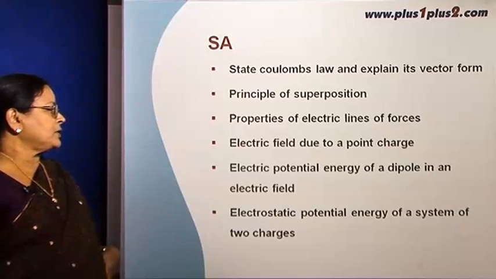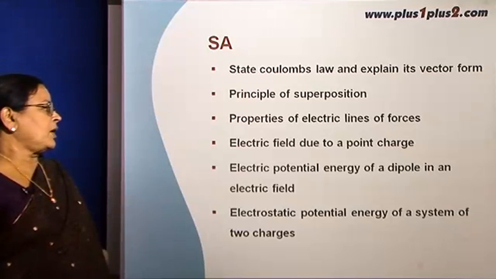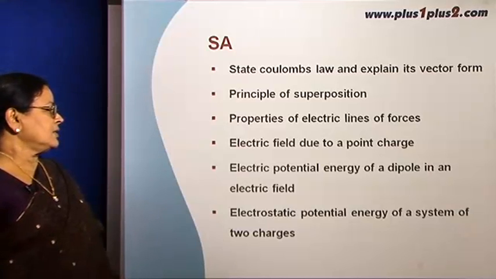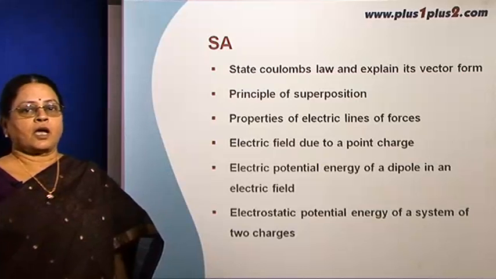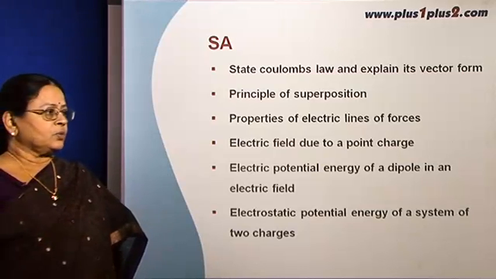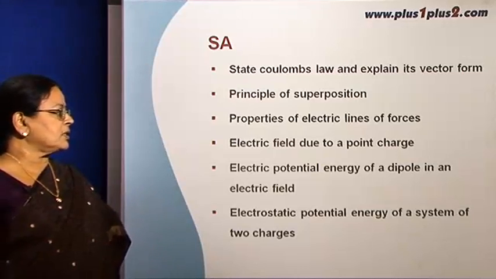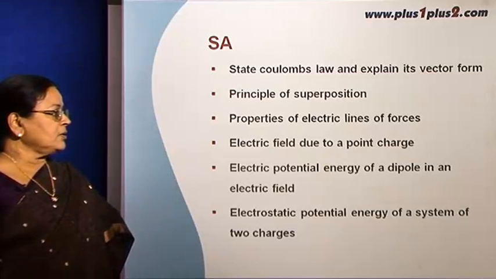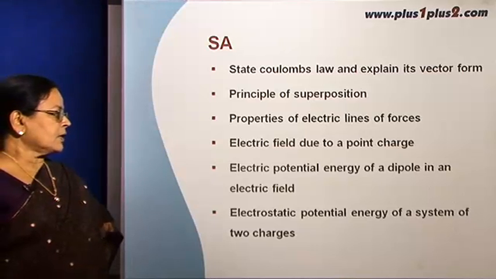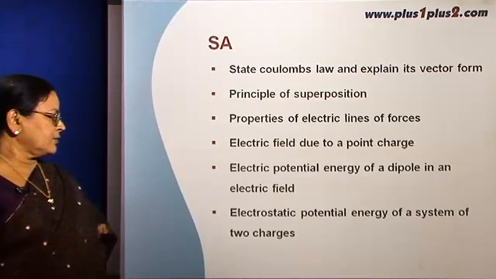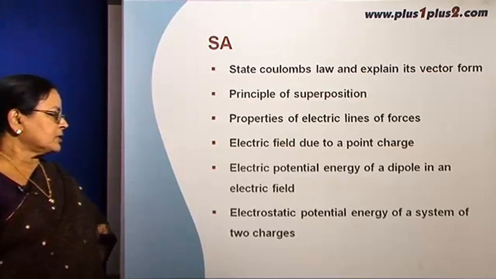Electric field due to a point charge: again you have to mark a point charge. How do you measure the electric field? By the force on a unit positive charge placed at that given point. So you have to mark a unit positive charge at the given point, and very important, you must mark the direction of the force.